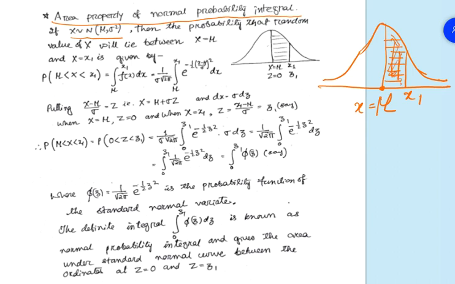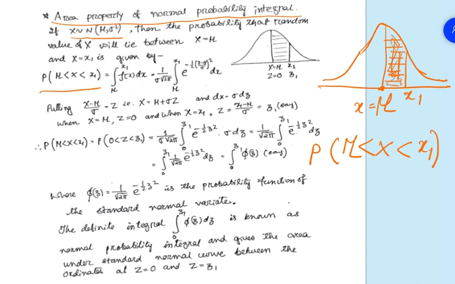The area of the shaded region can be written as the probability that x lies between mu, the left-hand point, and x1, the right-hand point. What is the probability that x lies between mu and x1?